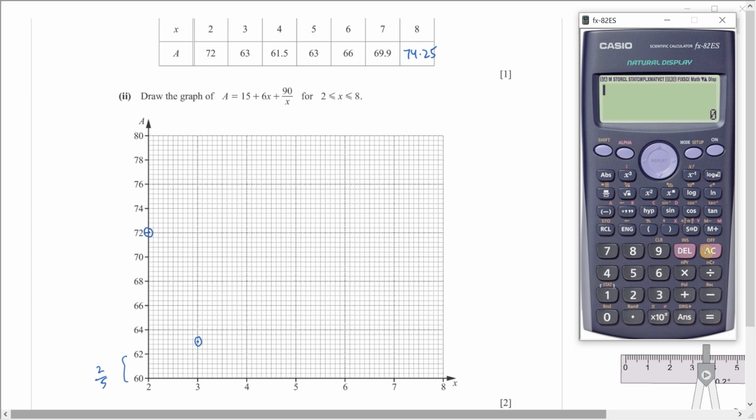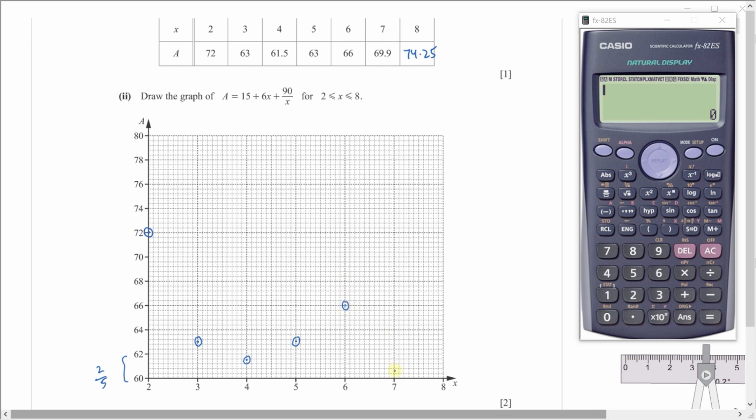This will be 61.6. So just below 61.6 will be your value, 61.5. For 5, you have 63 here in the middle. 6 is 66, this one.